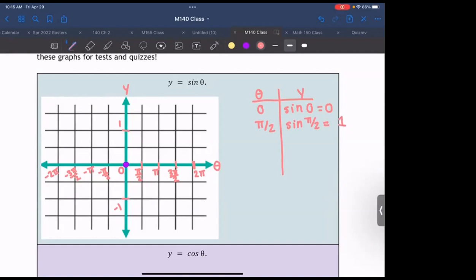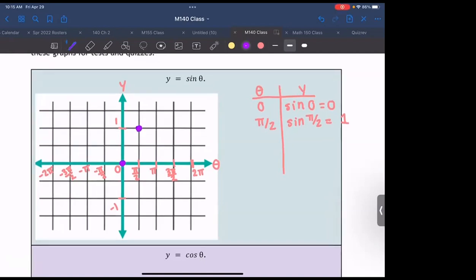Okay, so it looks like our second point on this graph is going to be pi over 2, comma, 1. Make a little dot there. Okay. Next we have pi. What's the sine of pi? Good, 0. Okay, so we have another point, pi comma 0.